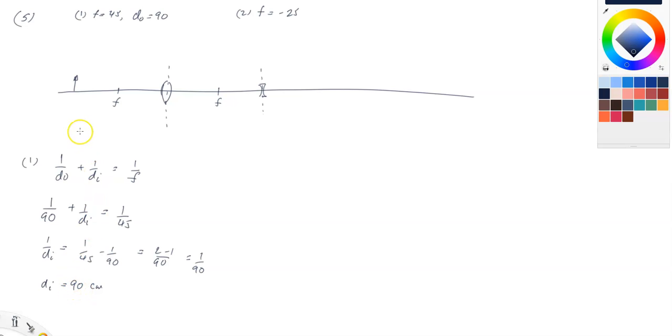Centimeters positive, so the image from the first lens is going to be 90 centimeters from it on the other side. Let me erase this.